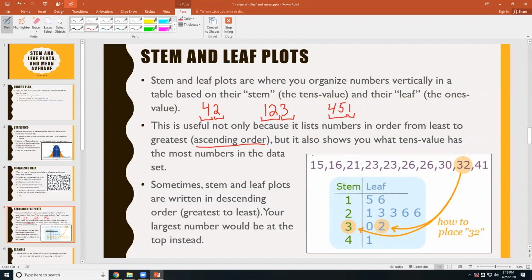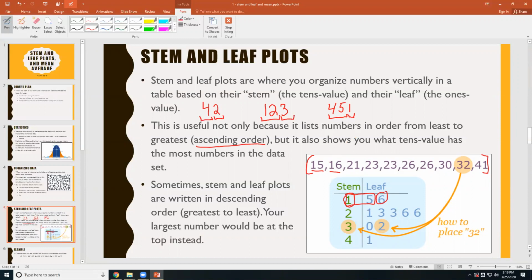But they've taken this whole chunk of numbers here, and they've put it into a stem and leaf plot. So if you look at, let's say, this first part of the stem and leaf plot, the number 15 went into the stem column of 1 and leaf column of 5. So 15 shows up right there. Likewise, 16 also shows up in the stem and leaf plot because there's the 1 and the 6.